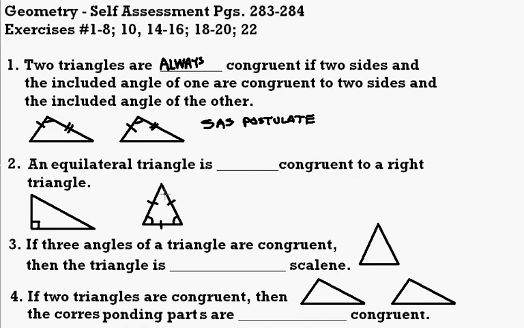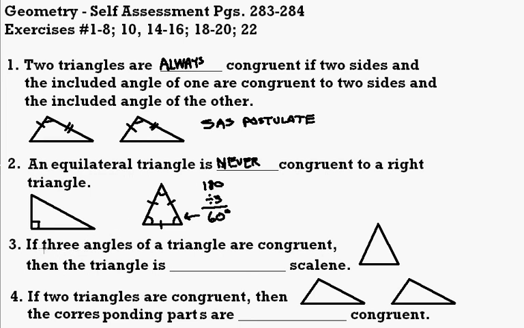In other words, all three angles are congruent. And so if I took 180 and divided that by 3, I would have 60. So each of these angles has a measure of 60 degrees. So this would be never. As far as the reason.